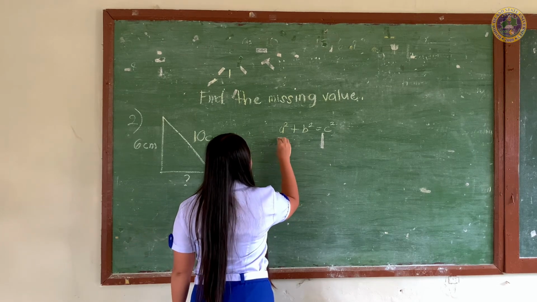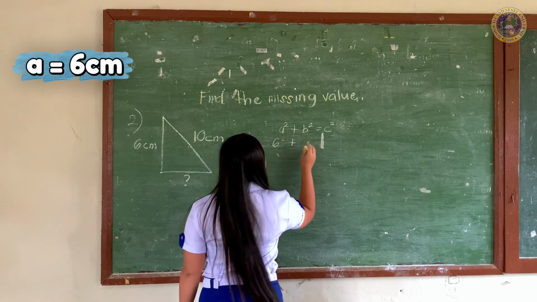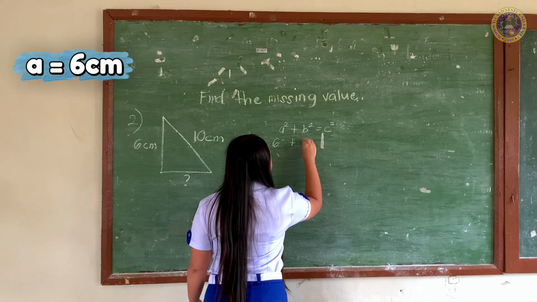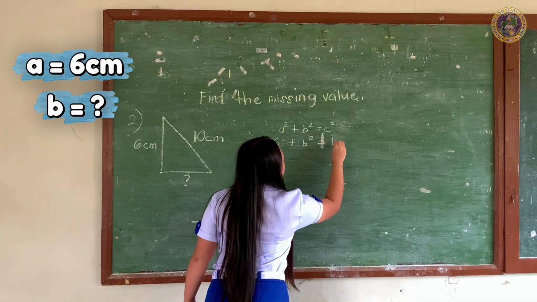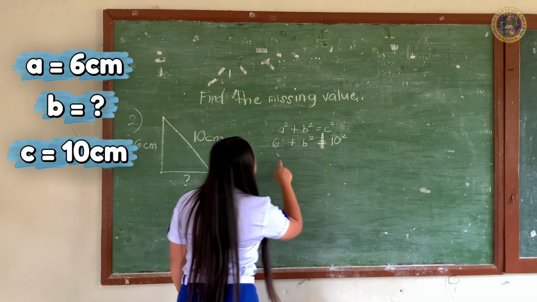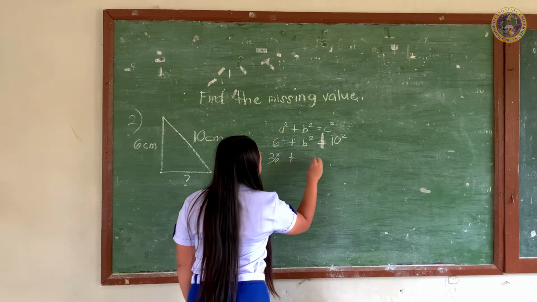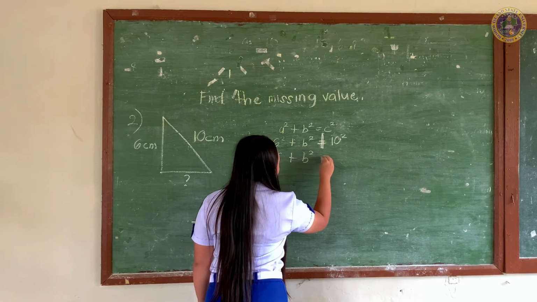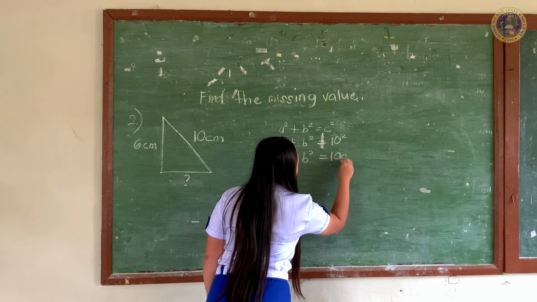So a is 6 squared plus b, our missing side, squared is equal to our c, which is 10. So 6 squared is 36 plus b squared, and 10 squared is 100.